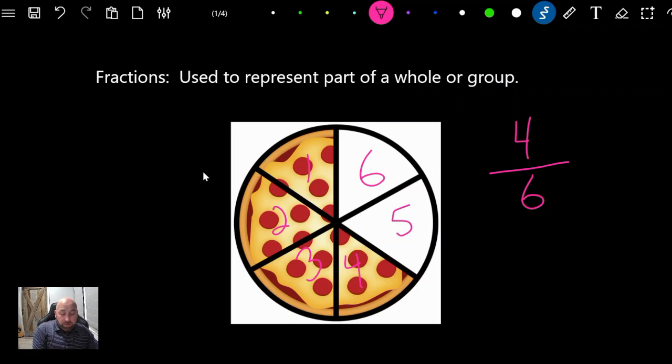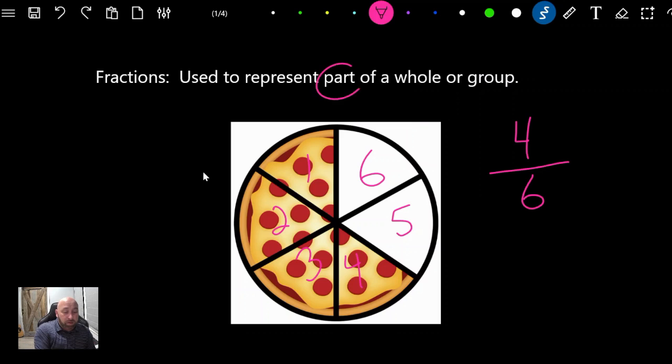So we would put our 6 right there. The way that we would express this is we would say there are 4/6 of the pizza. We're going to come back to this a little bit later and do something called reduce, and we'll talk about that in just a little bit. But for right now, there are 4 pieces of pizza of the total 6 pieces.